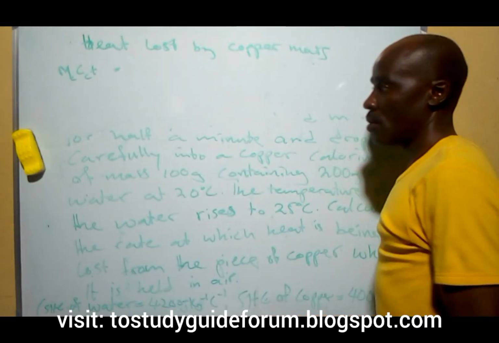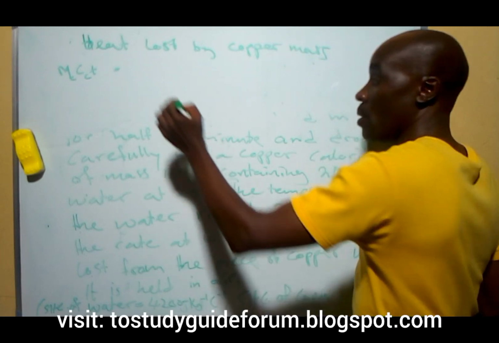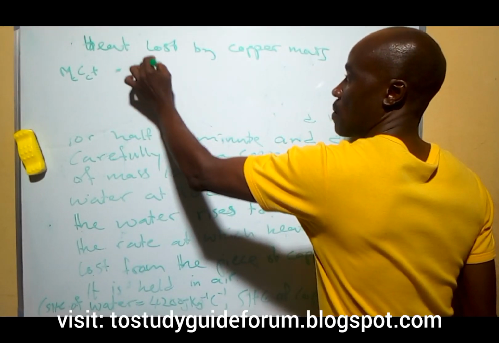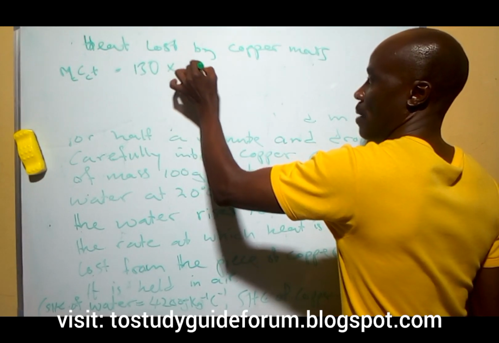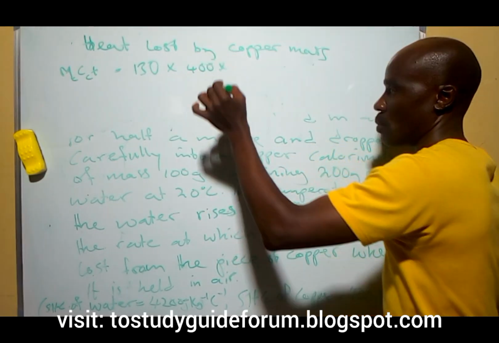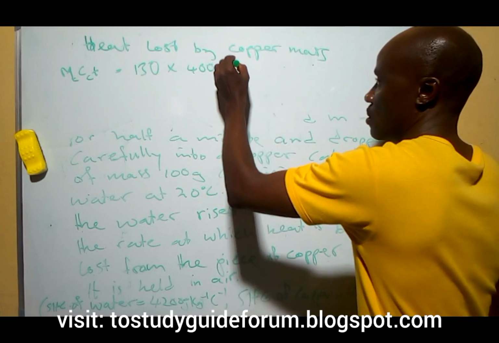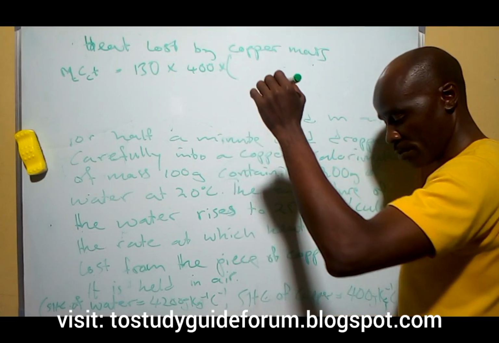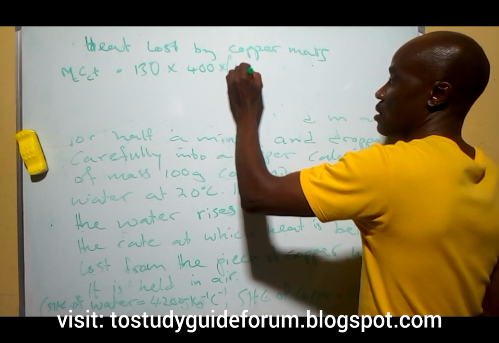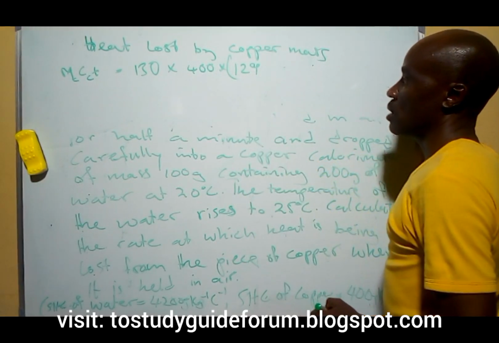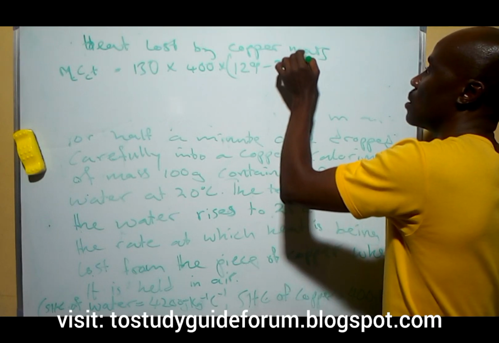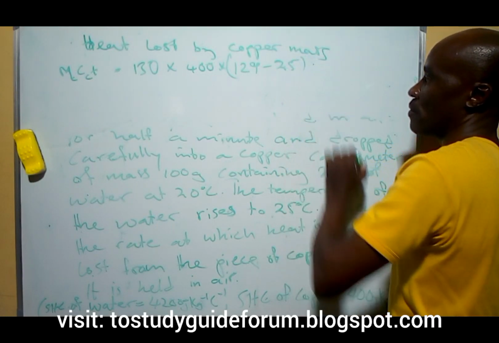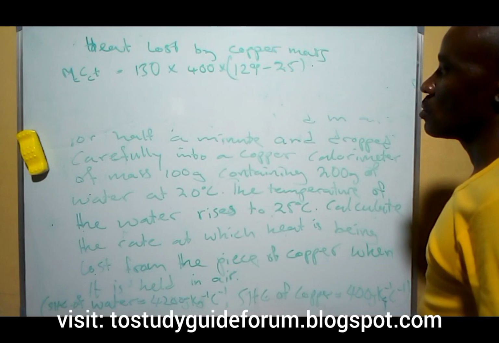That would be mass of copper times specific heat of copper times temperature change. We have the initial temperature there is 129 degrees, and then the final temperature is 25 degrees. So here we'll convert.